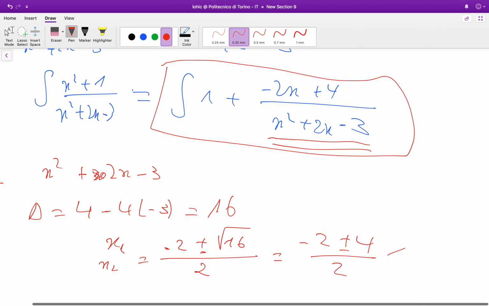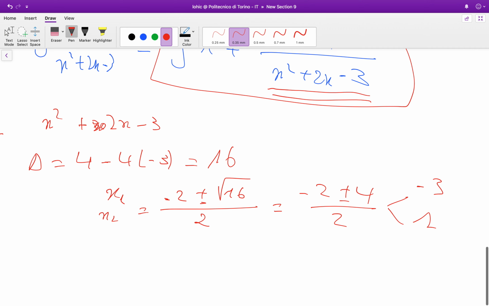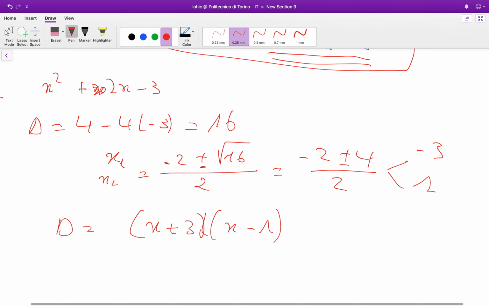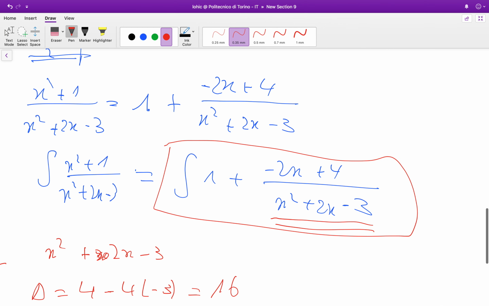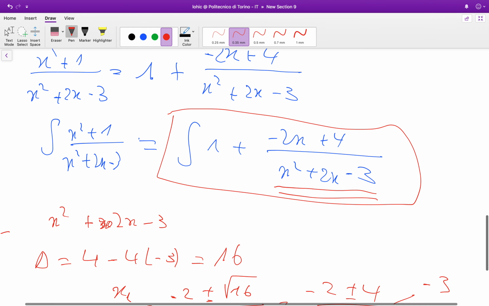So you can see that the roots are going to be minus 3 and 1. When you find the roots, it means that the denominator is x minus the first root times x minus the second, so it will be x plus 3 multiplied by x minus 1. Okay, if you expand this, we turn back to this, right?